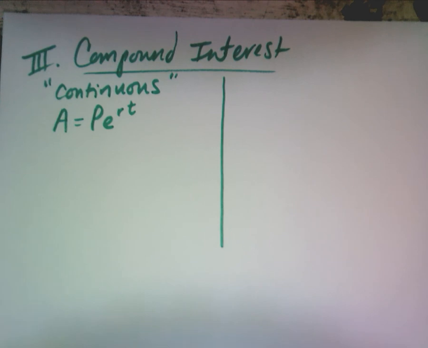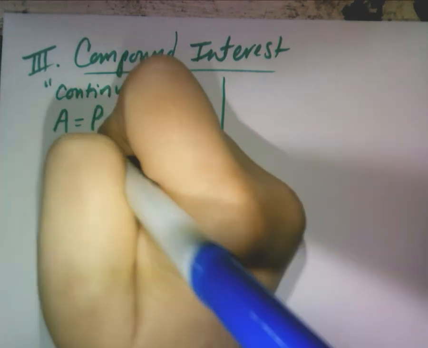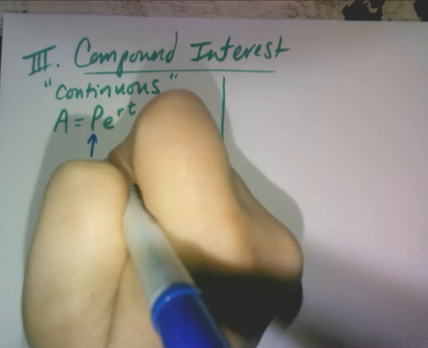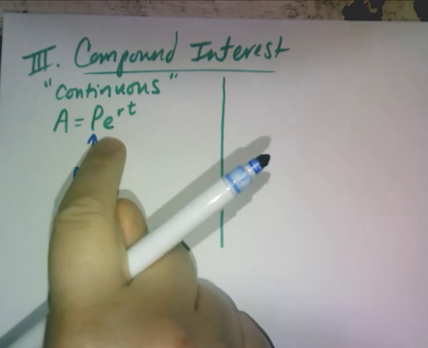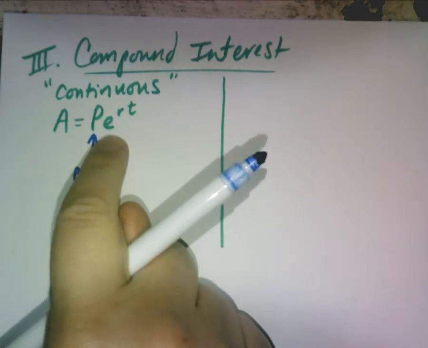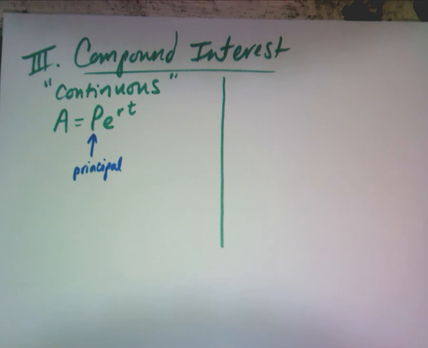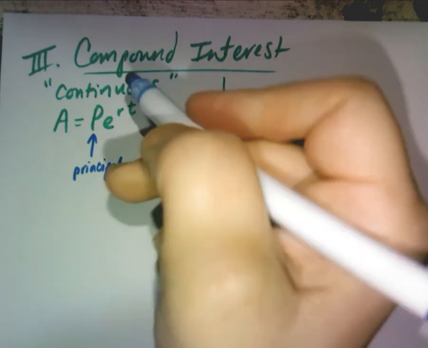Your P is what you put in. Your principal is what they call it. The e is right here in your calculator, the little e button above the ln.